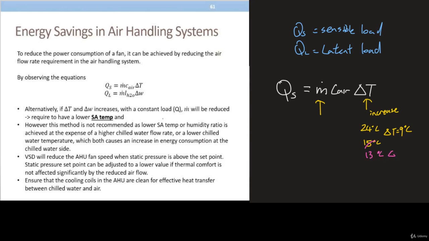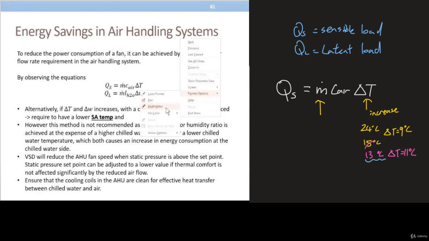That means you must throw in air that is much colder. So this one is called a low flow, high delta T method. But this method may not be recommended, because this value will have to be very cold, so your humidity ratio will be very low.